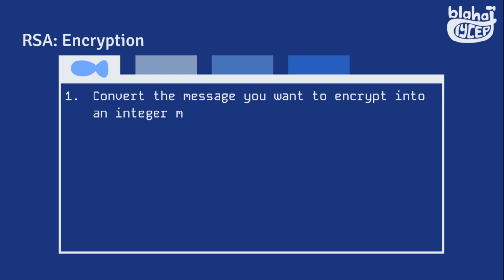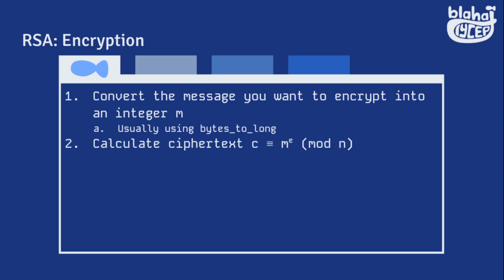We convert it to an integer, so we can use bytes_to_long. So let's do M_int equals bytes_to_long. I'll just write BTL for bytes_to_long because it's really long. We can convert it to an integer by other methods, but the most convenient one is bytes_to_long.